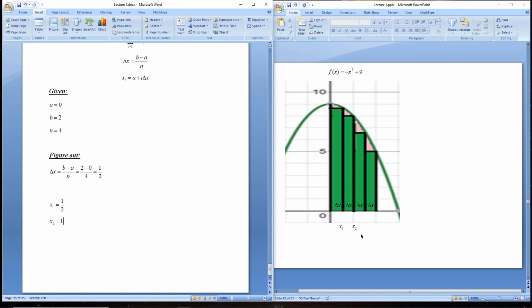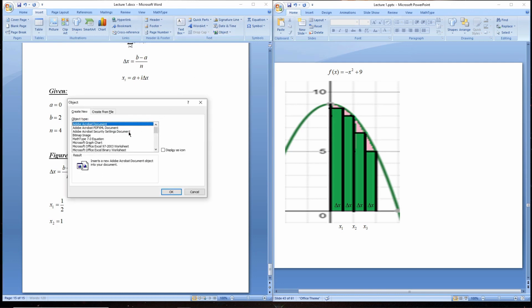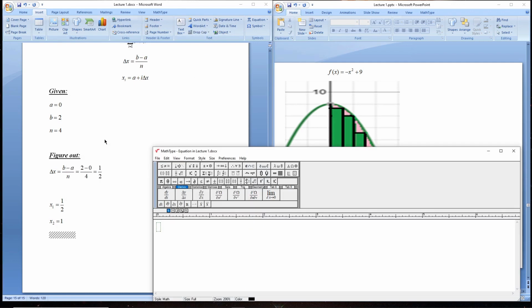So what about the third? x sub 3. We're going to do the same thing. We're going to use our formula for the x positions on left rectangles. We're going to have x sub 3 equal a, which is 0, plus i delta x.